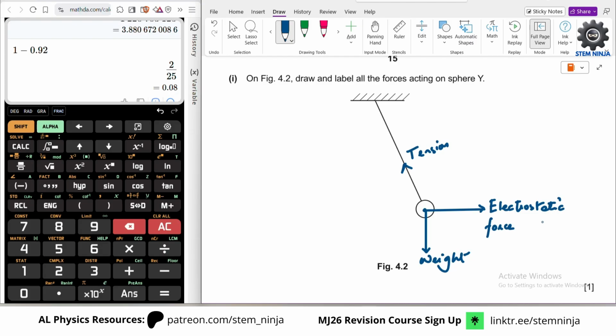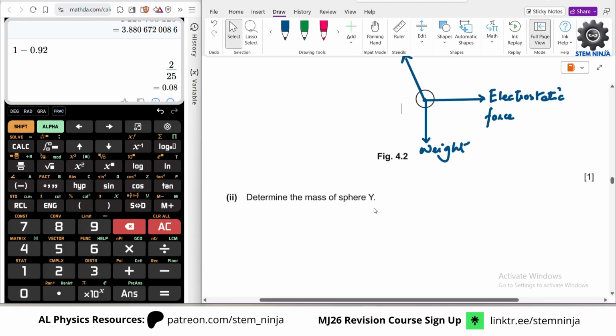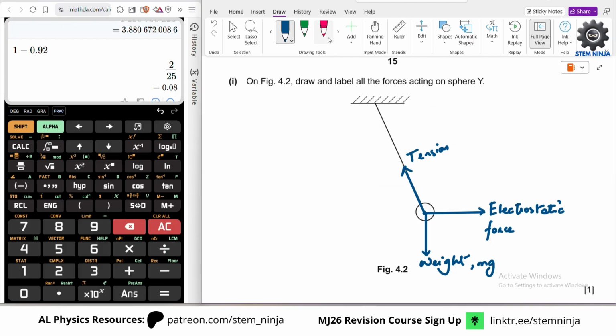And this is the force of repulsion, basically. Okay, that's it. Determine the mass of the sphere Y. So this mass will come from mg. To do that, we actually have to figure out the angles working over here. So this angle would be basically the same as this angle. Actually, sorry.